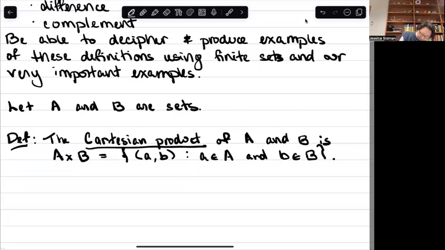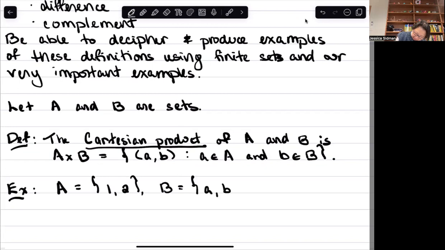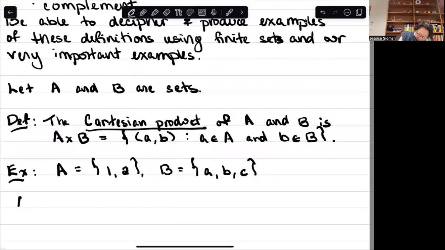So for example, if A is equal to the set {1, 2} and B is equal to the set {a, b, c}, when I form the Cartesian product, A cross B, I'm going to have two options for the first component. They can be a 1 or a 2, and three options for the second component.